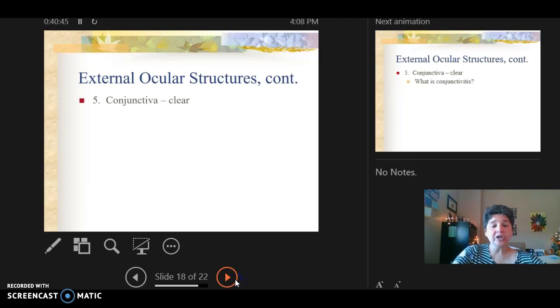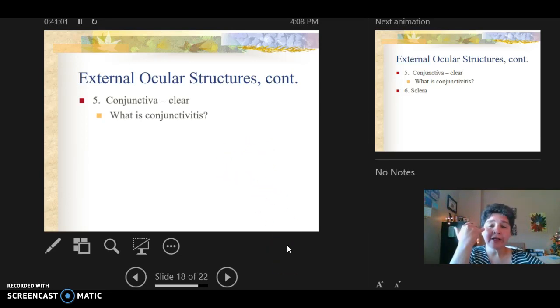When we look at the conjunctiva, or that layer on the outside of the eye, it should be clear. What is conjunctivitis? Well, sometimes it's called pink eye. And people think, well, then it isn't clear, it's pink.